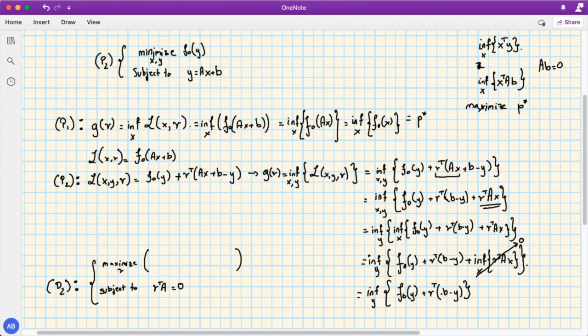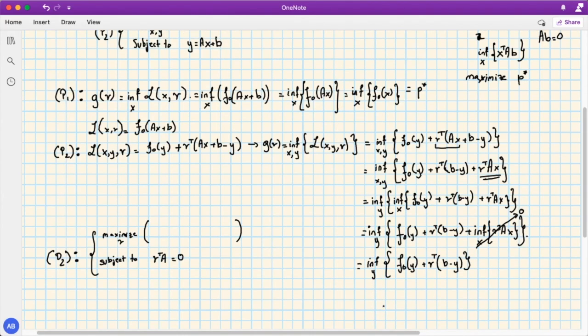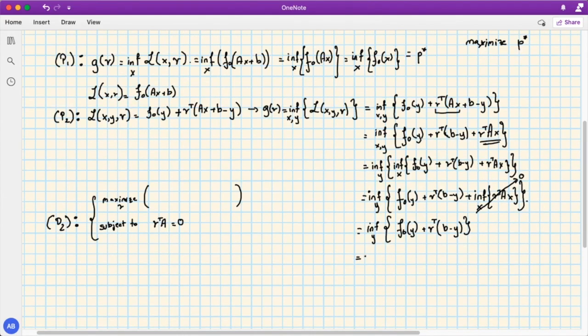Now the infimum over y of this term is also easily achieved. Well, how do we do that? Well, first let's isolate terms that do not depend on y. Let's do that. Okay, going down here. So it's the infimum over y of the term f0 of y. Well, the nu transpose b does not depend on y, so I will isolate it outside as such, right?